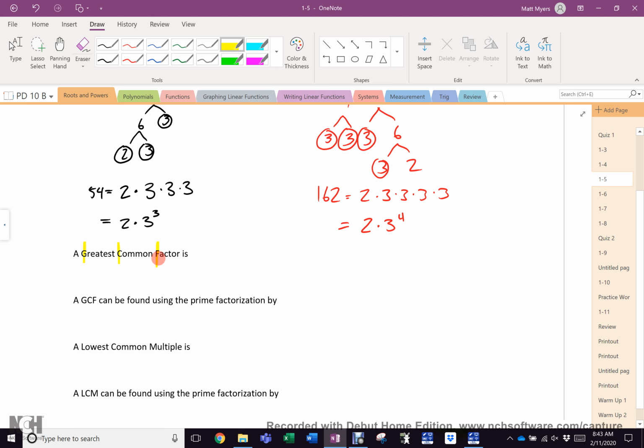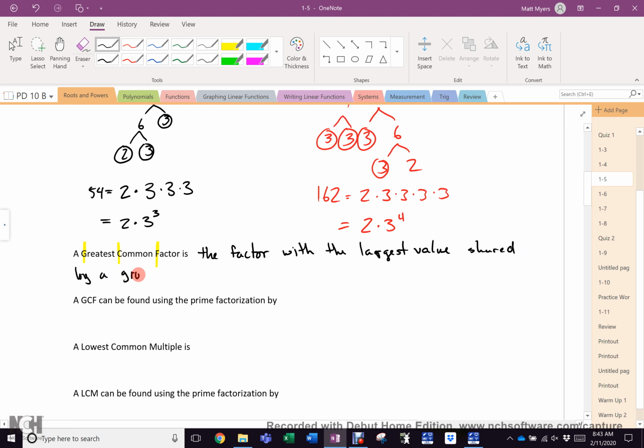All right. Now, greatest common factor is the factor with the largest value shared by a group of products.